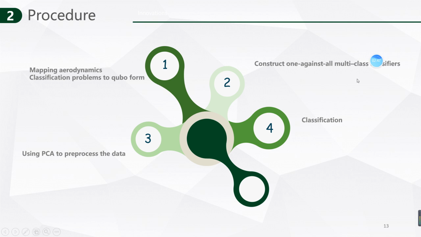Then we construct our one-against-all based multiclass classifier. And then we use PCA and other data pre-processing techniques to pre-process the data. And then we put this data into our classifiers and see their performance.